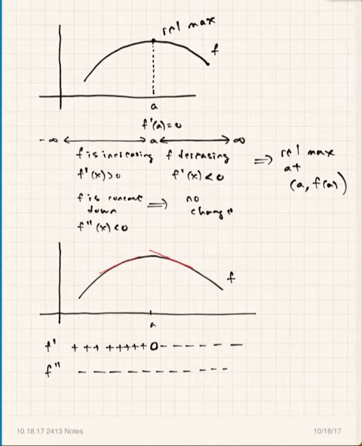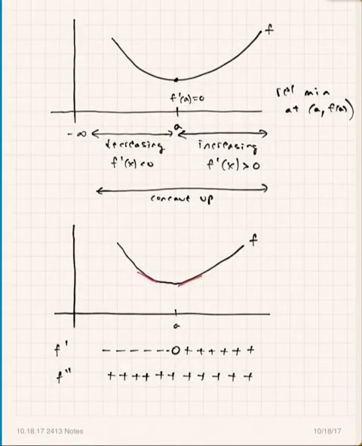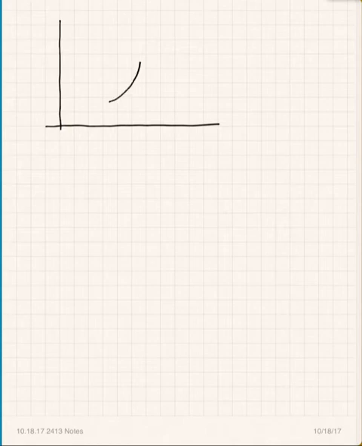All right, so let's continue to move on to some different ways a graph might be shaped and talk about what's happening at those points and what is happening to the first and second derivative at these points. So if we have a graph like this, so let's say we have a graph that's shaped like this one right here.